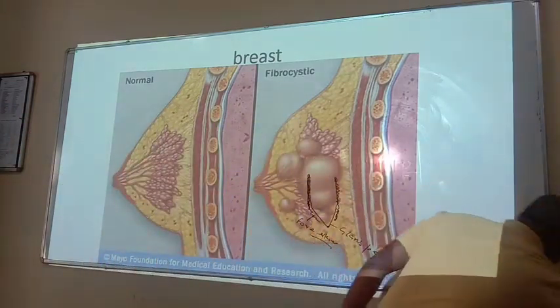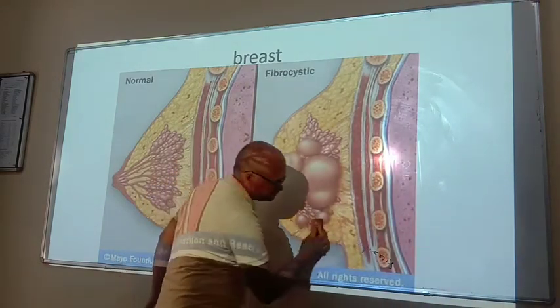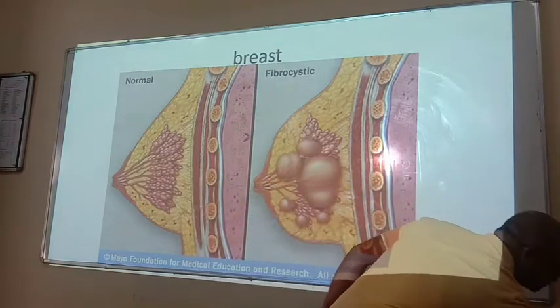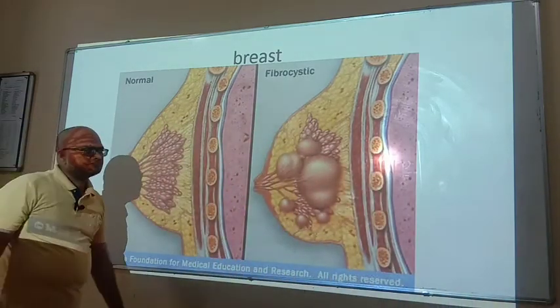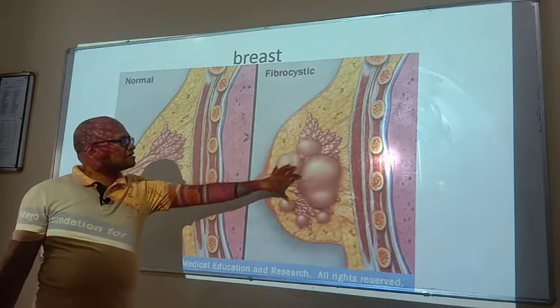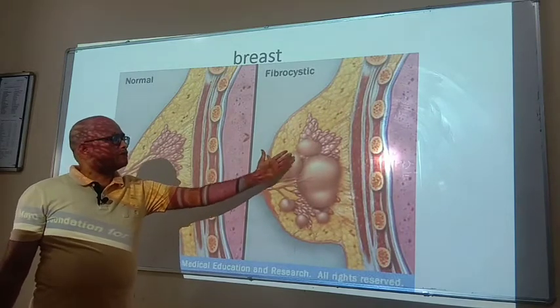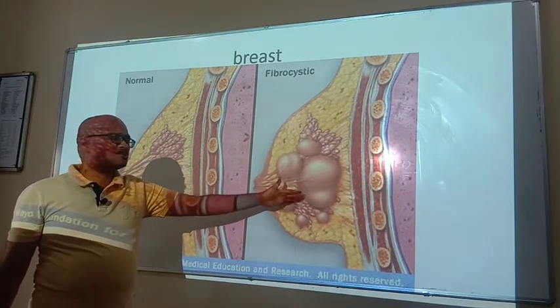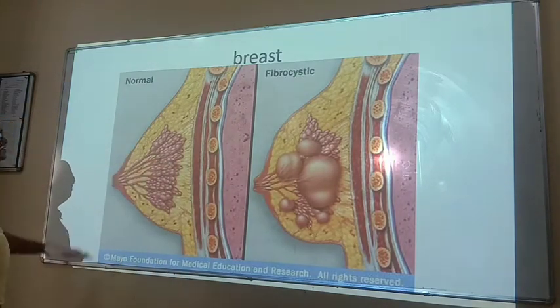The first is the normal breast and the second is the fibrocystic breast, which contains certain cysts or cancerous tissues. This is the normal breast, and in it there are certain structures and parts.